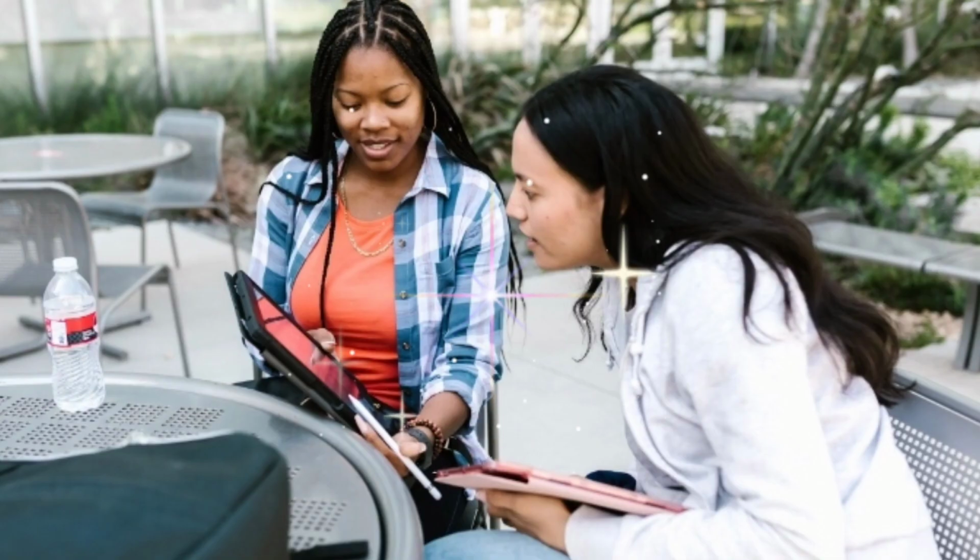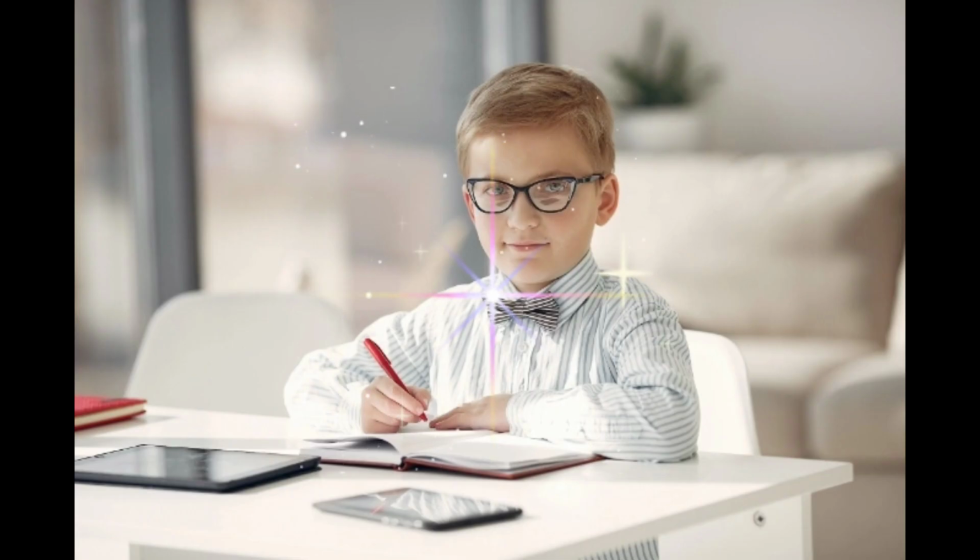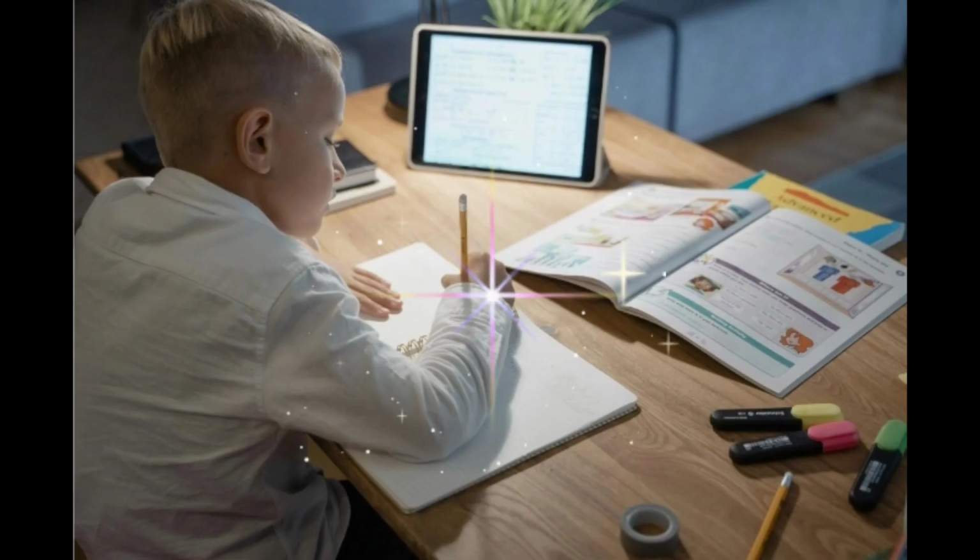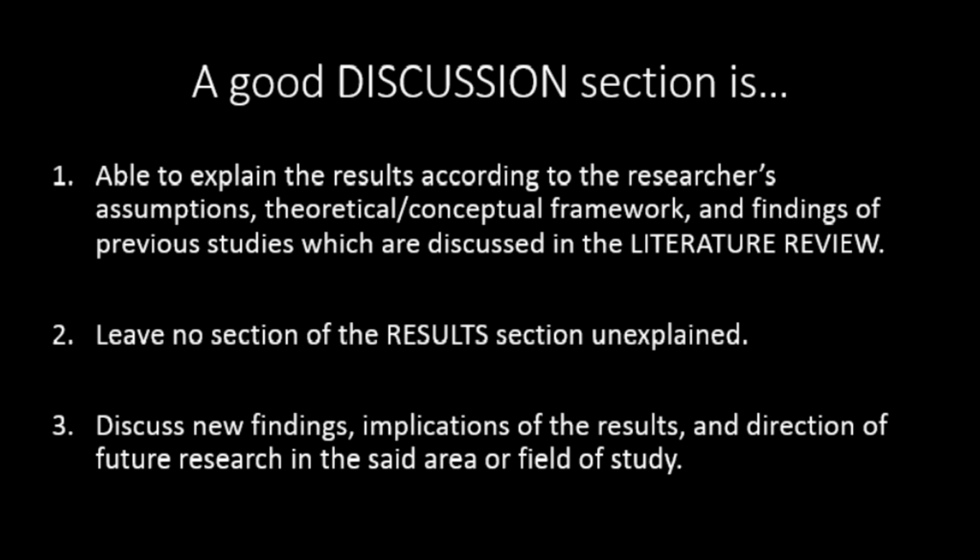You may be asking yourself now, what then is a good discussion section? How would you know if you're able to cover all the things you need to cover in your discussion? Let's now talk about what makes a good discussion section. A good discussion section is, number 1, you're able to explain the results according to your assumptions, your theoretical and conceptual framework, and findings of previous studies which you discussed in your literature review.